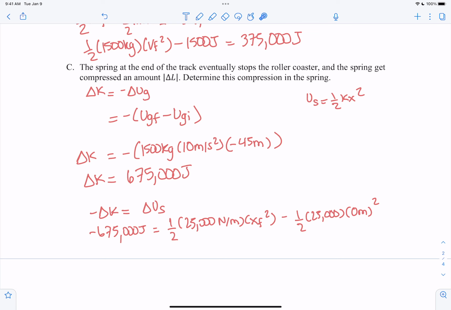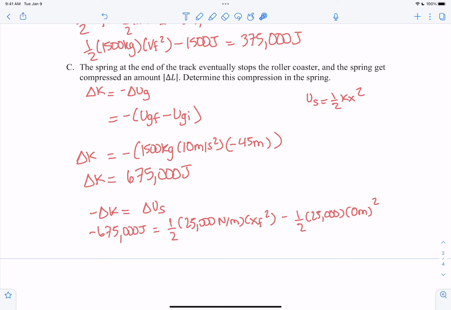So you got negative by doing initial minus final instead of final minus initial. Okay, I see what you mean.